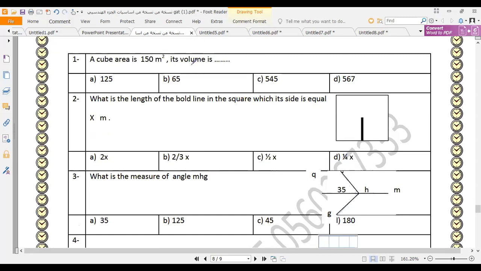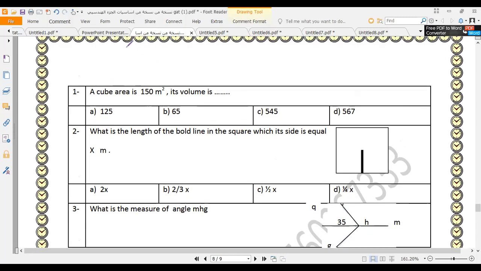Now we have to solve this group of questions. Ready? A cube's area is 150 meters squared, its volume is equal to what? Now, what is the meaning of cube?